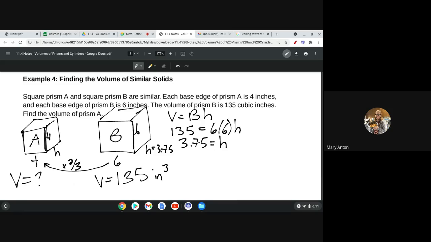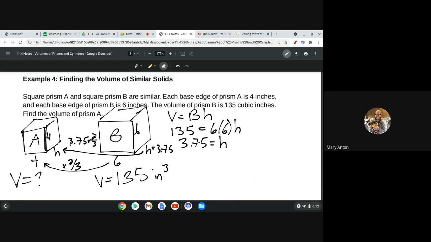So to get the height of prism A, we can take 3.75 times 2/3. Which is 2.5.